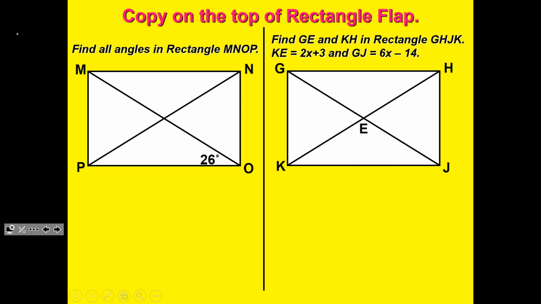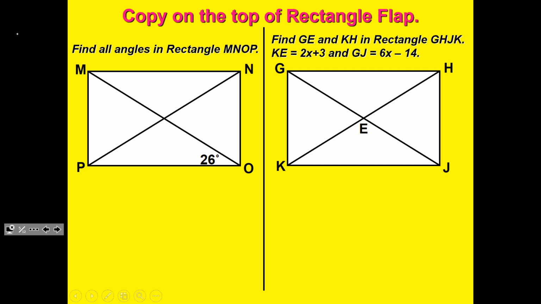You can just copy these up at the top of your page. And then it wants you to also find GE and KH over here in rectangle GHJK. KE is 2x plus 3, GJ is 6x minus 14.